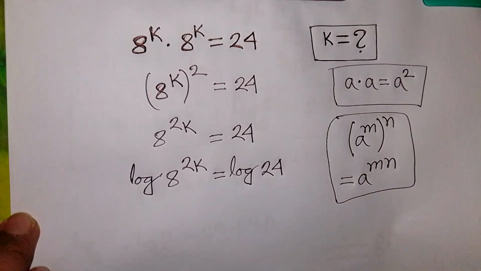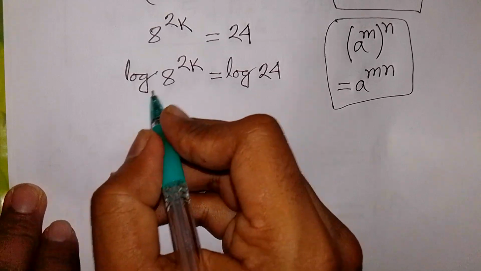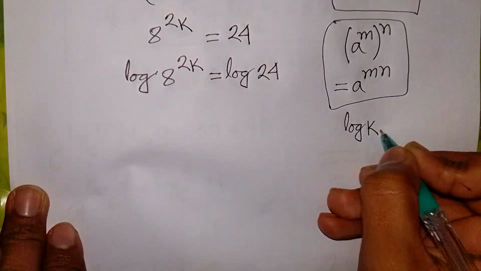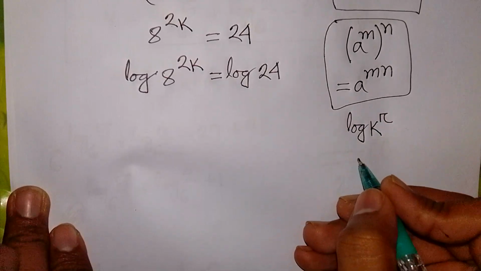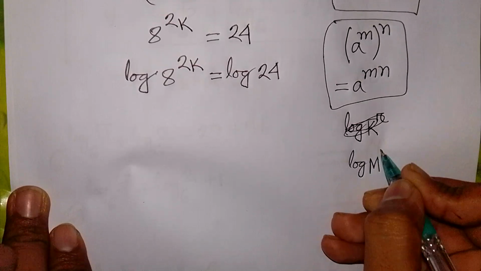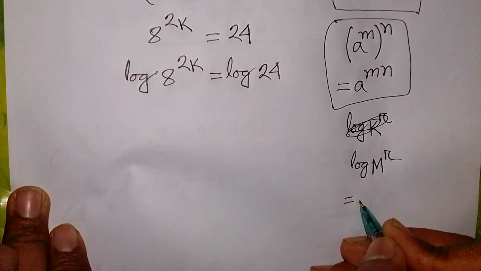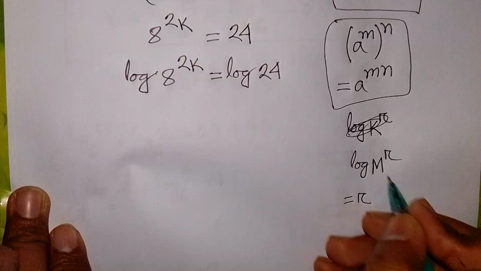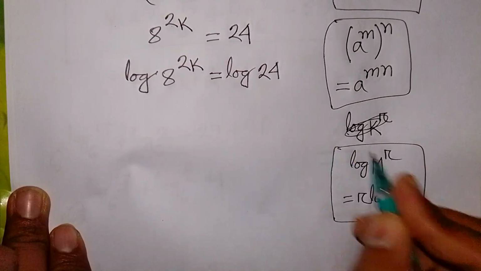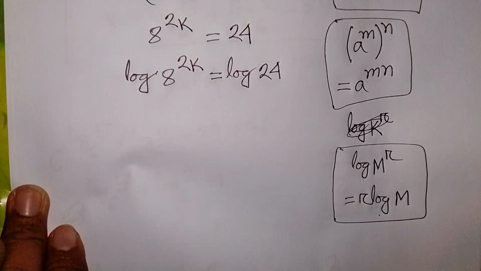24. In the next step, we apply the rule that log m power r is equal to r log m. This power moves to the base.